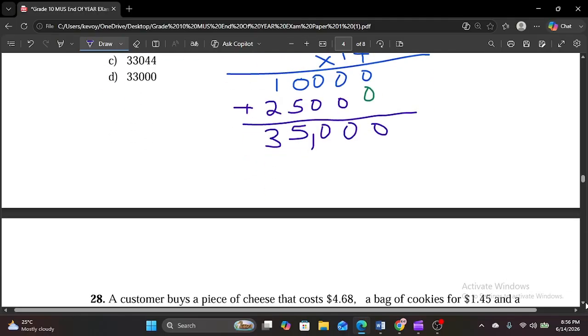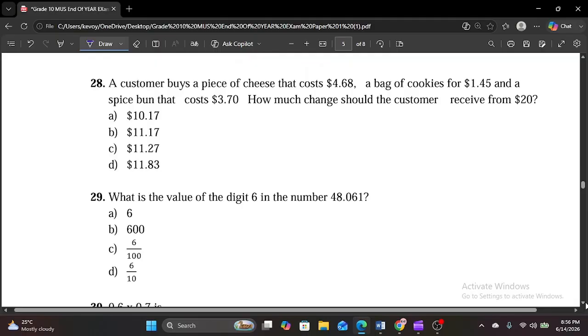So we're going down to question 28. A customer buys a piece of cheese that costs $4.68, a bag of cookies for $1.45, and a spice bun that costs $3.70. How much change should the customer receive from $20? So this is a City and Guilds question.